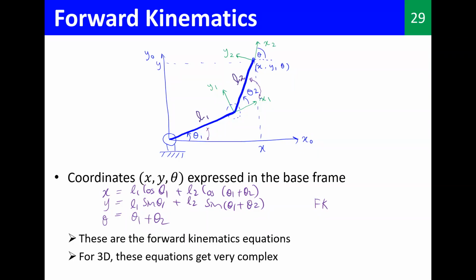These are called forward kinematics, but this is for the planar or 2D case, right? I think you can understand that when we are dealing in 3D, these equations can get very complex, right? So later we will deal with those. Right, so that's all about forward kinematics.